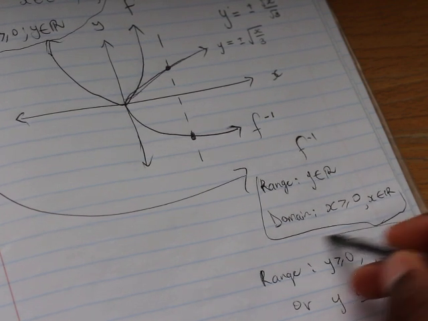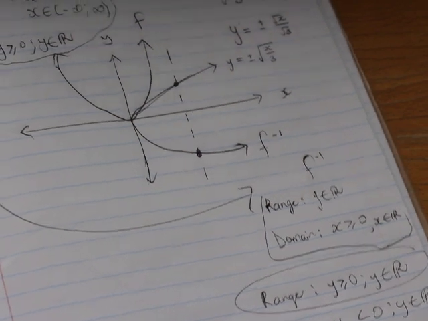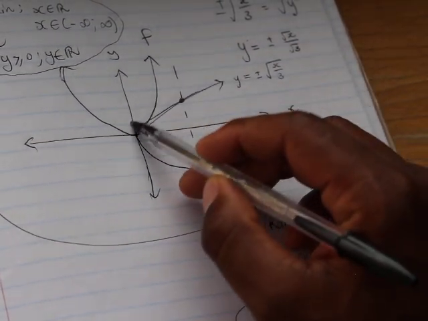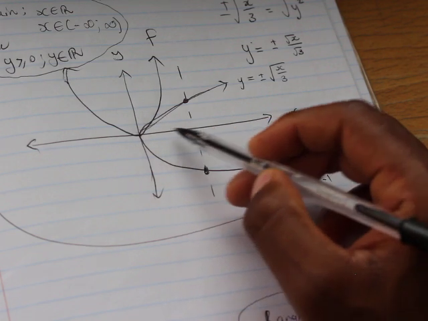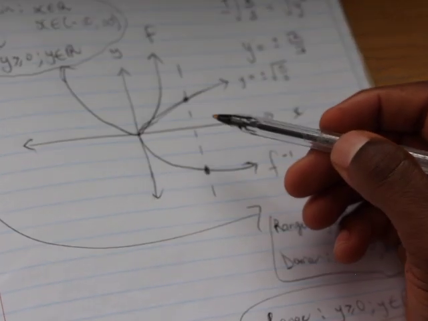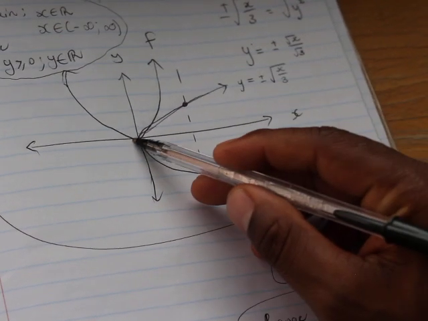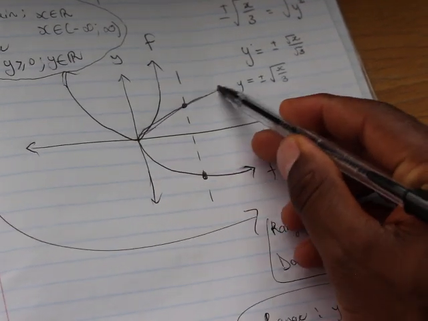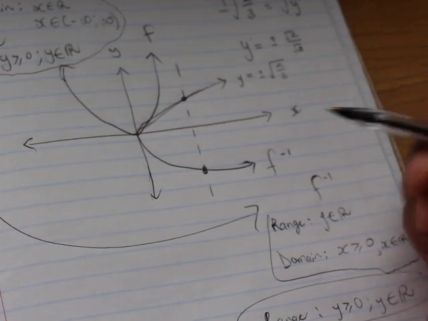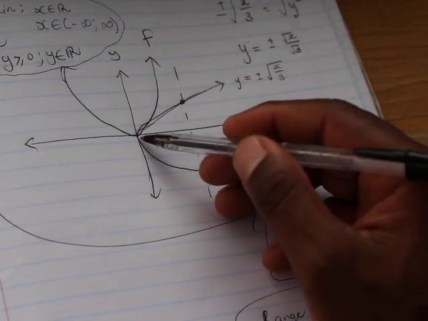If you go with this one, that means you're selecting this branch here, because this branch falls under the section where y is greater or equal to 0. But when y is less or equal to 0, that's this branch here.